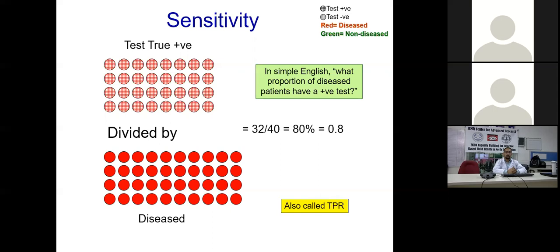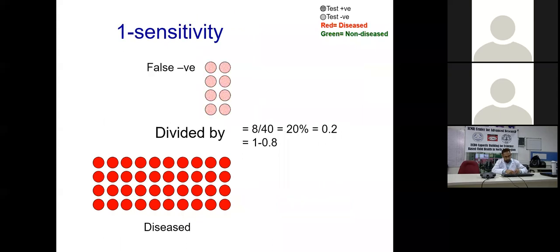And in simple English, sensitivity answers the question, what proportion of diseased patients have a positive test? So 1 minus sensitivity is just the mirror image of that. In the numerator, it has the false negatives.